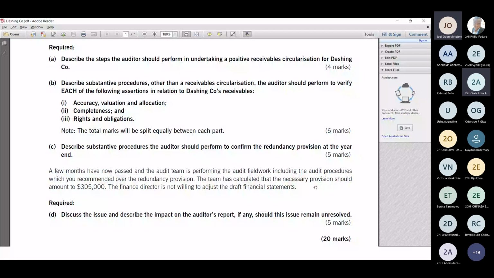Total assets is 1 to 2%, net assets is 2 to 5%. So start from the lower end of the range, meaning the lower figure. If it's 1 to 2%, start from 1%, and anything that is 1% and above is material. If it's 5 to 10%, start from 5%, and anything that is 5% and above is material. I hope that answers the question.